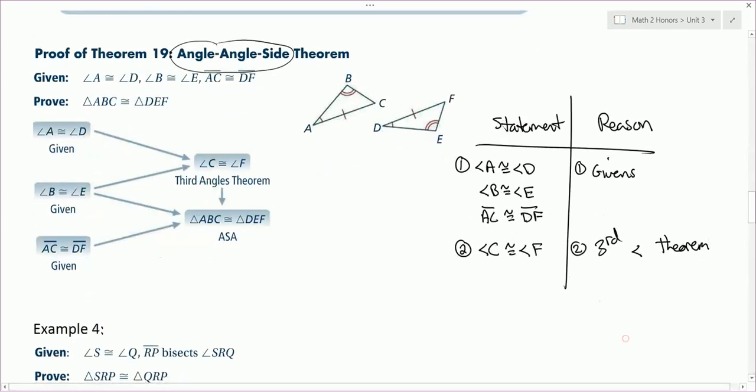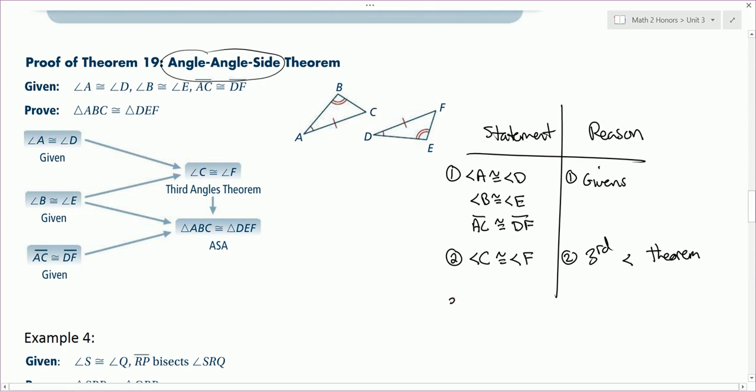So that's what we have now. If you say angle A, side AC, and angle C, congruent to angle D, side DF, and angle F, which is angle side angle, and we get triangle ABC is congruent to triangle DEF.